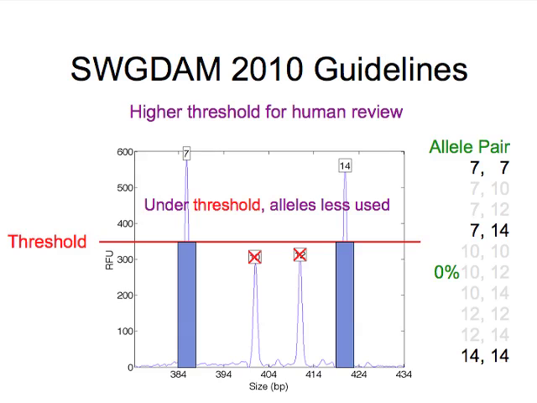And then SWGDAM 2010 occurred, and in a very good effort to help analysts account for the uncertainty in data, when you repeat experiments, you don't get the same peak heights and so on, those guidelines led to a higher threshold for human review in most laboratories, including in Virginia, and the stochastic threshold to account for these stochastic data ended up going up to over 300 RFU.